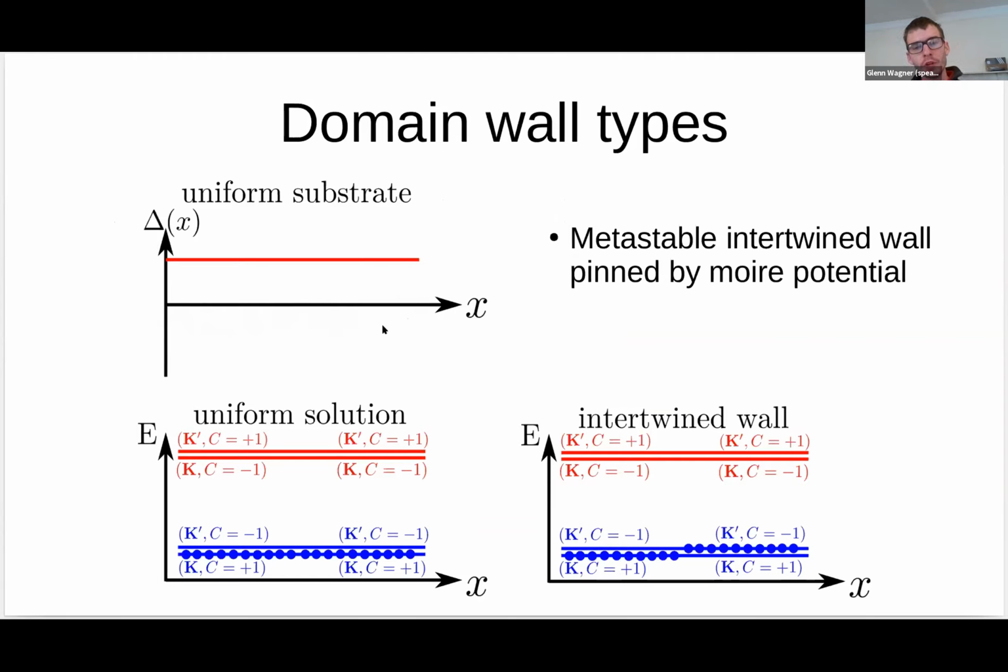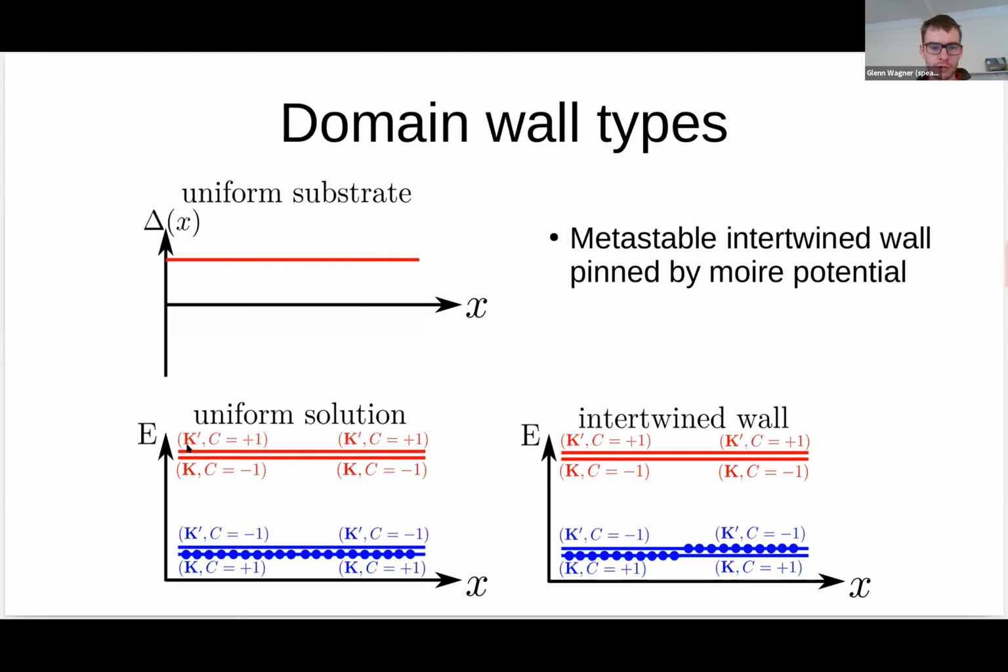We also need to say what the substrate is doing as a function of this X coordinate. First of all, let me just consider a uniform substrate, and later on we'll consider a step substrate. So delta of X is just this staggered sublattice potential. Because it's constant as a function of X, the band structure is constant as a function of X as well. This is shown down here.